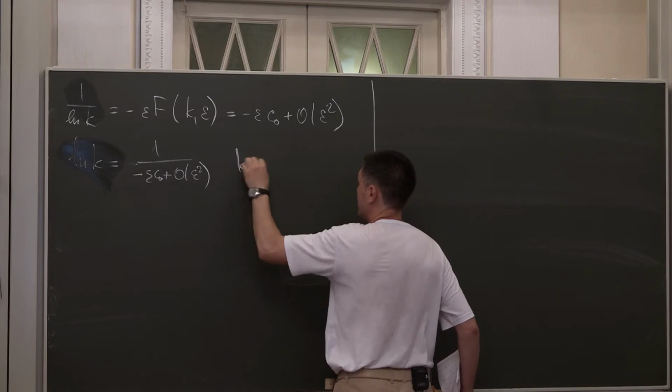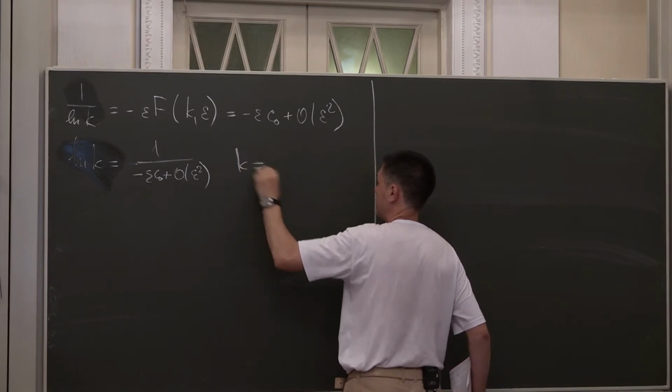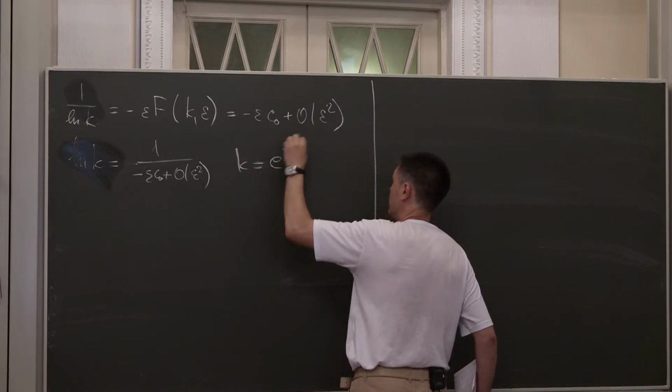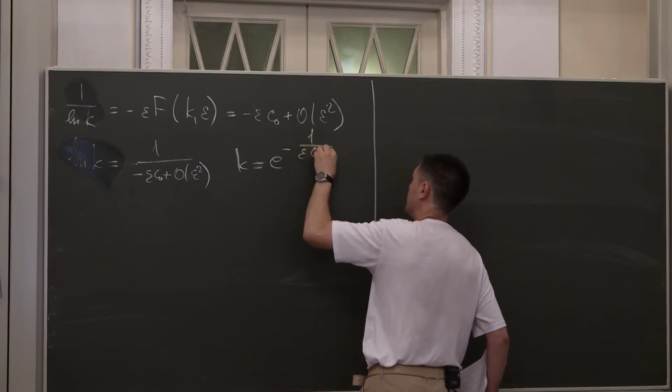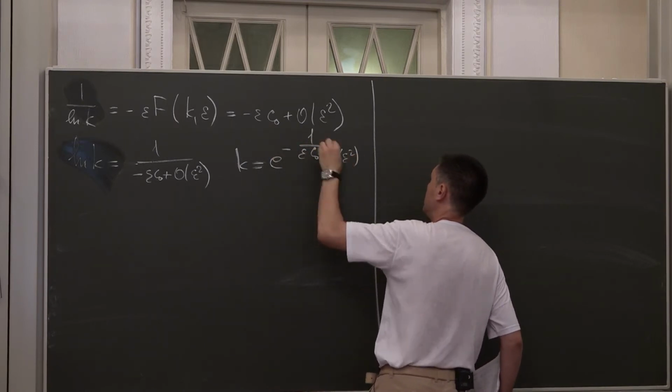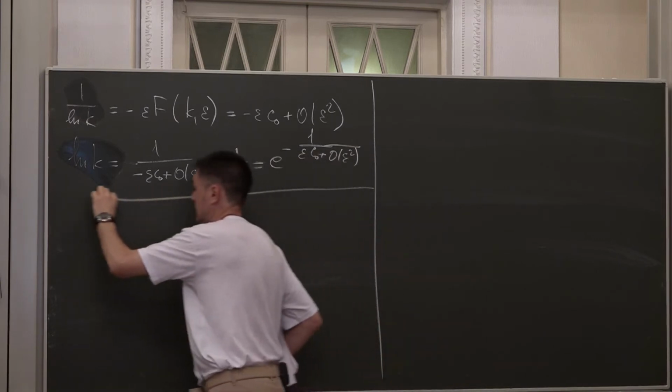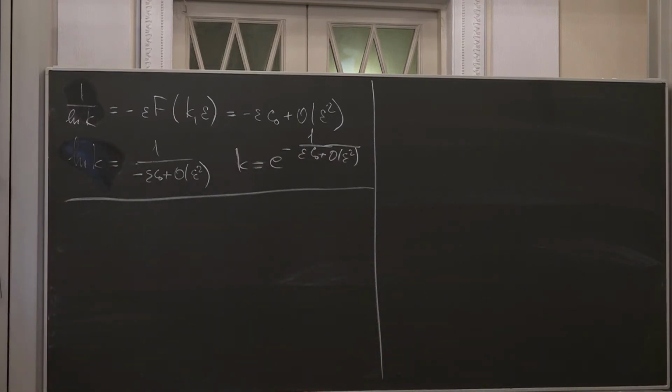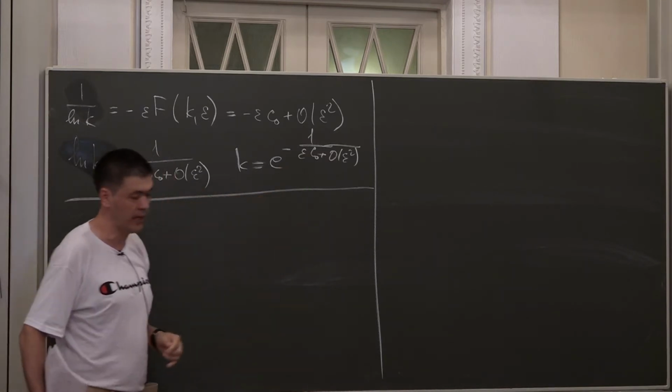And then we see that k behaves like exponential in such power. And this constant c0 can be found.